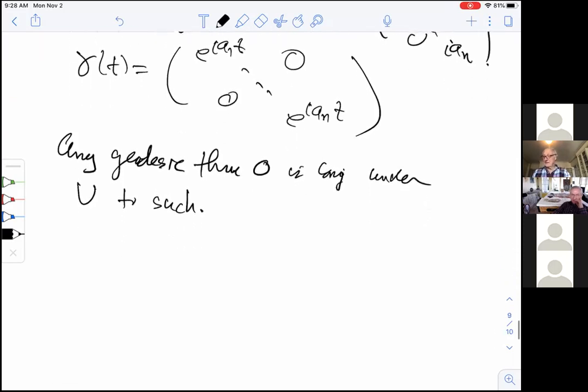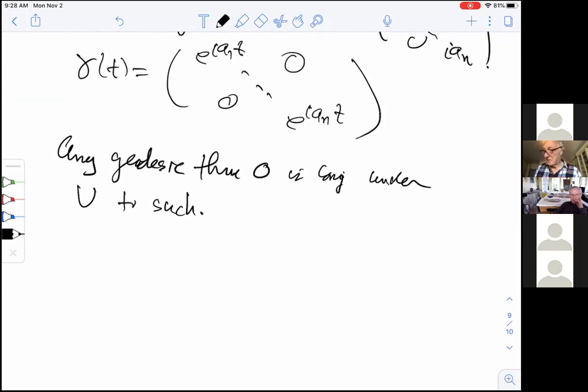Okay. So now I want to go from 1 to -1. So I want gamma of 0 to be the identity element and gamma of 1 to be minus the identity element, -1s down the diagonal. Well, that implies, I mean, these conditions are invariant under conjugation because the identity and minus the identity are central elements, so they're fixed by conjugation.